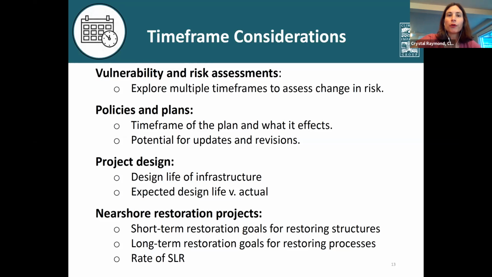And we've also heard that for restoration projects that are focused on processes, the rate of sea level rise can be particularly important. The rate is not included in the values directly, but it can be easily calculated from the data if you want to look at the rate of sea level rise relative to other processes like marsh accretion.